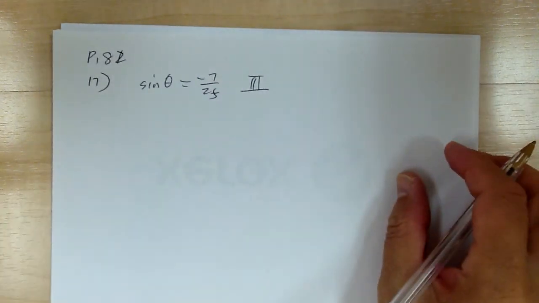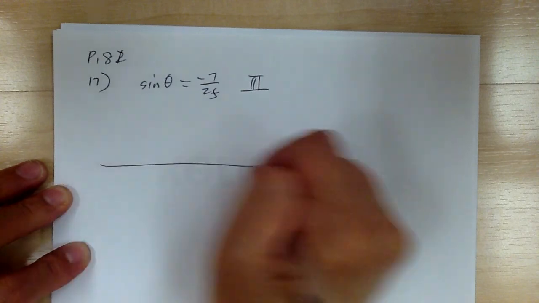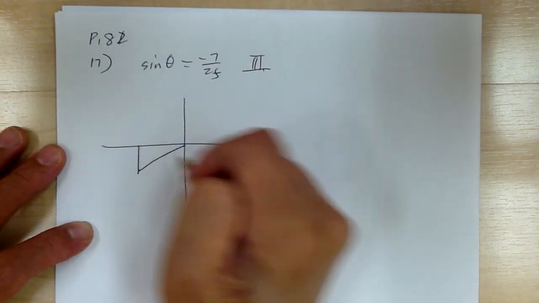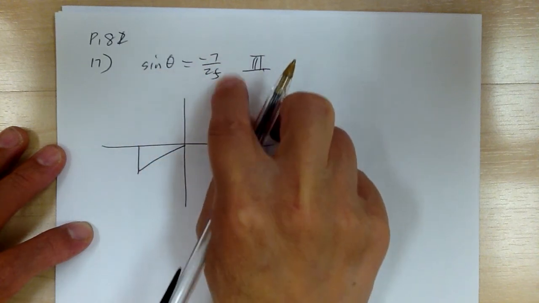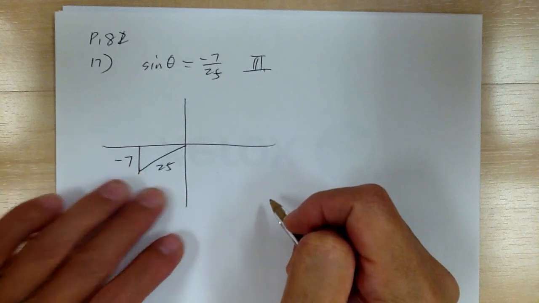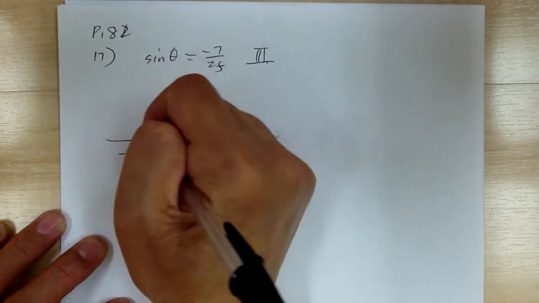And you're looking for the 6 trigonometric ratios. So again, first go and draw triangles. Okay, so quadrant 3, right? And then sine is -7 over 25, so -7 over 25. Use your Pythagorean theorem or use your spatial triangles. This would be 24, and it's going to be negative.